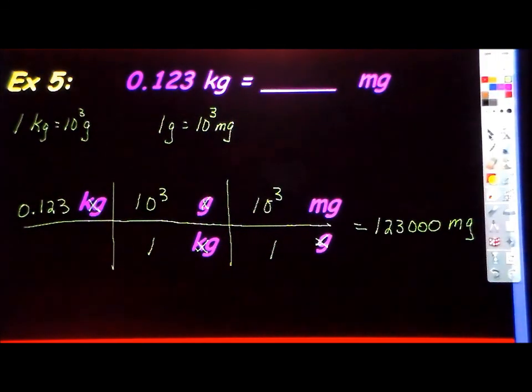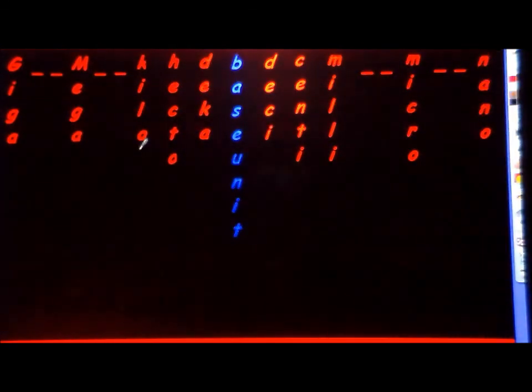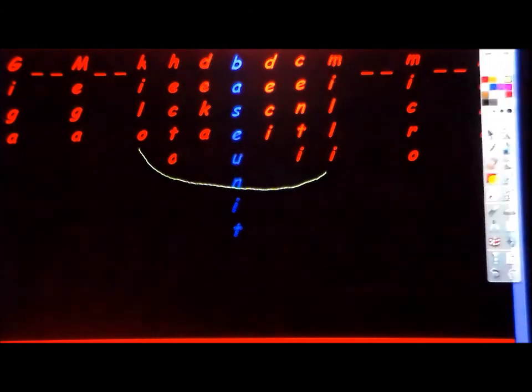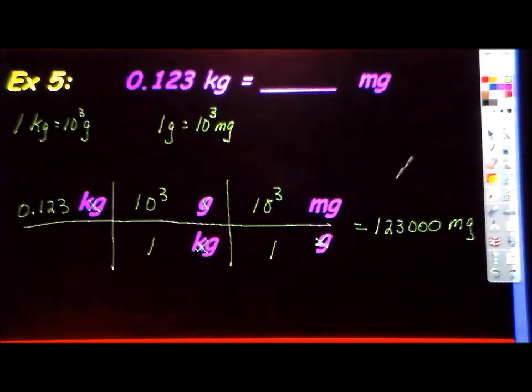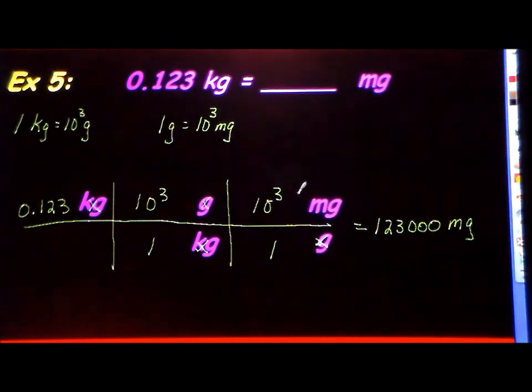If you go back and look at the chart, and let's say we wanted to go straight to milligrams, I would be moving 6 spaces. So I could have gone back here, and instead of going through grams, I could have gone straight to milligrams.